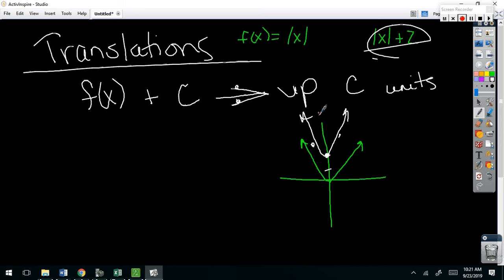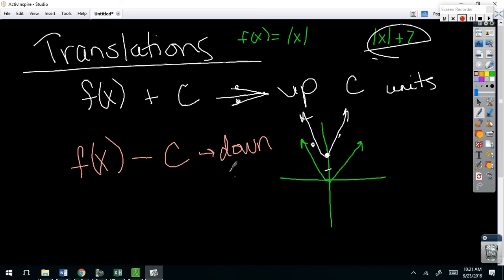All right. So along those same lines, if I subtracted a value from the entire function, and remember, I'm using f of x to describe the entire function. So if I say f of x minus c, that means I'm writing what f of x is, absolute value of x, and then I'm subtracting c from it at the end. I'm just tacking it on to the end of the function. What do you think this means?